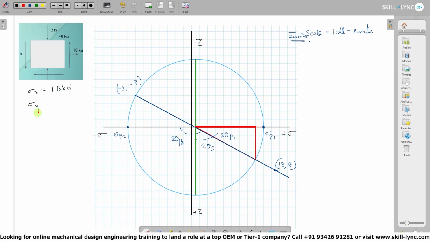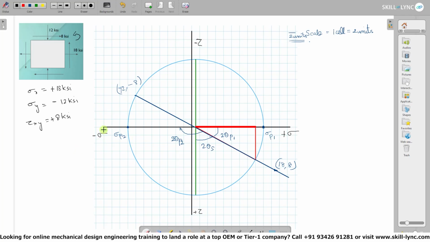Next, sigma y will be equal to minus 12 ksi, and tau xy will be equal to 8 ksi. Again, here the shear stress is counterclockwise, so therefore it's going to be positive.